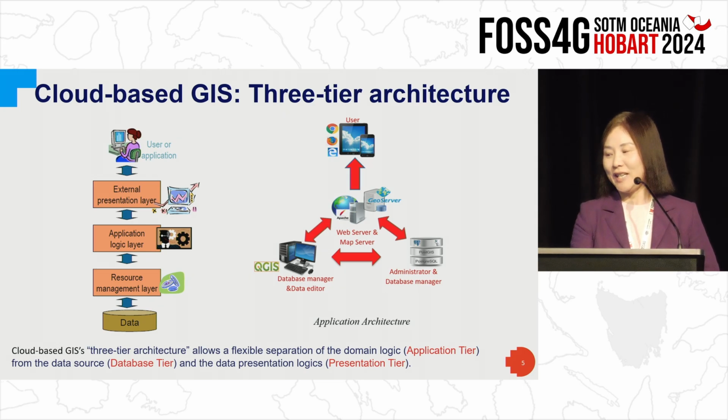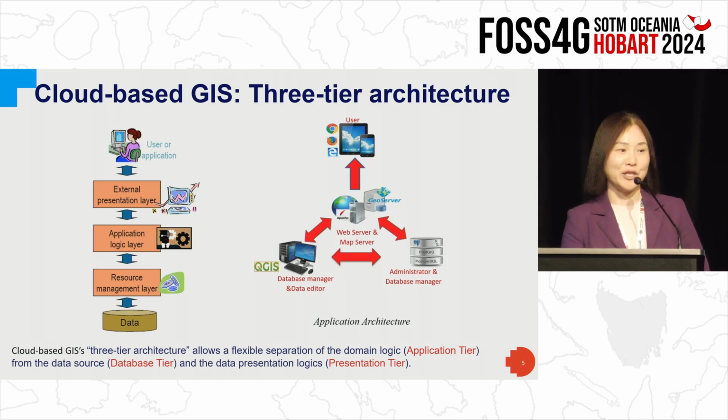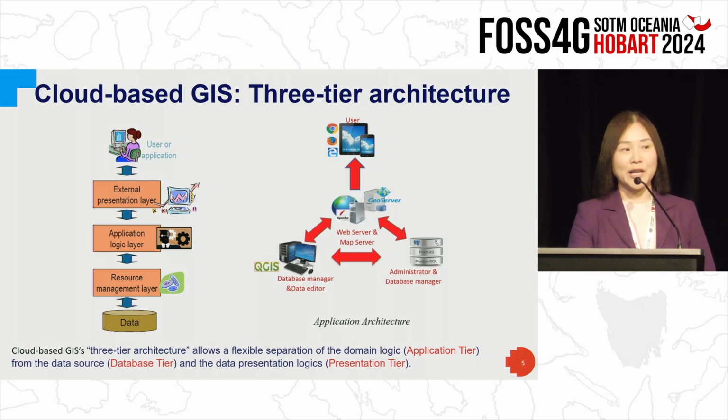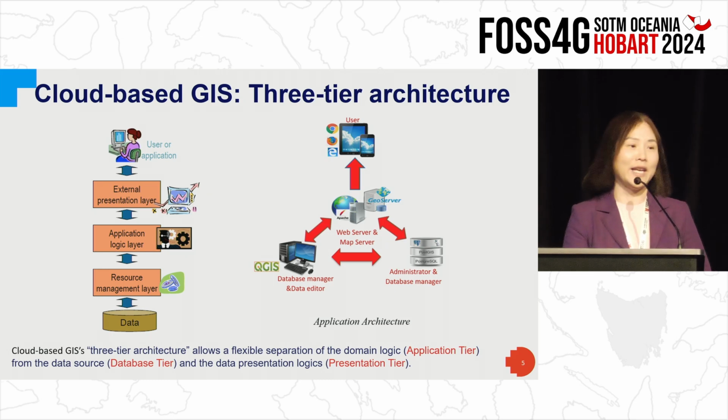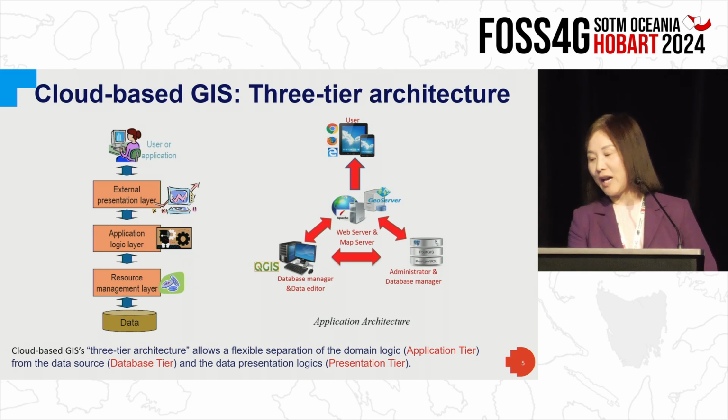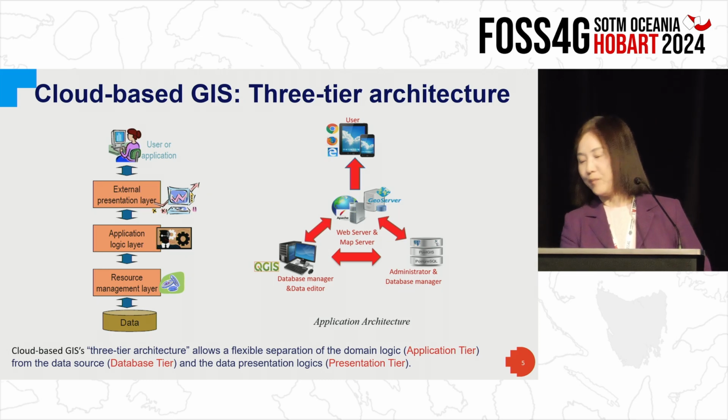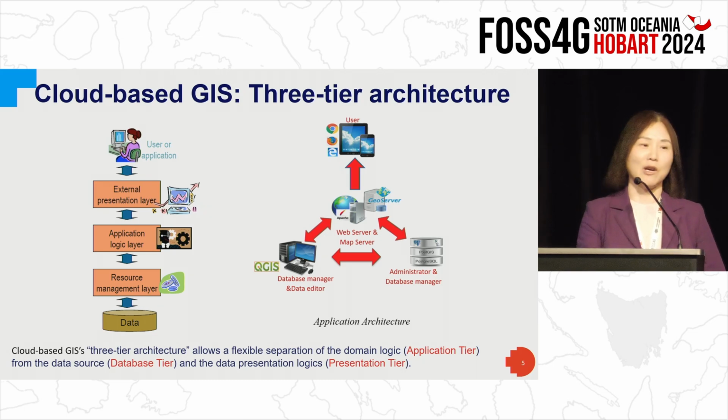Three-tier architecture, typically for cloud computing services, distributes or splits a typical system development into three parts, right? As we know, there's a data layer, an application layer, and a user interface layer. Or in other words, we have the front end and the back end.